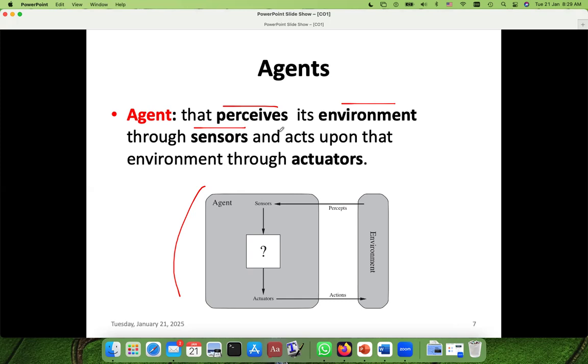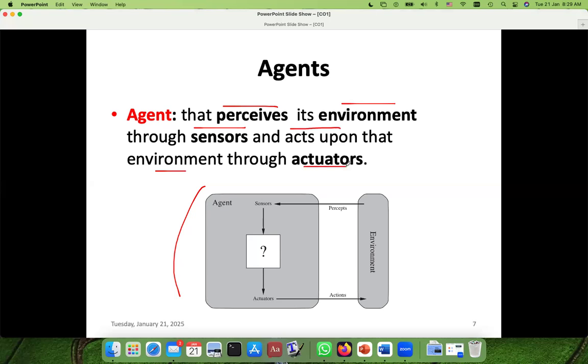That decision will be a kind of action your agent has to perform on the environment. So after taking the observation, after taking the input through sensors, your agent will act upon the environment.